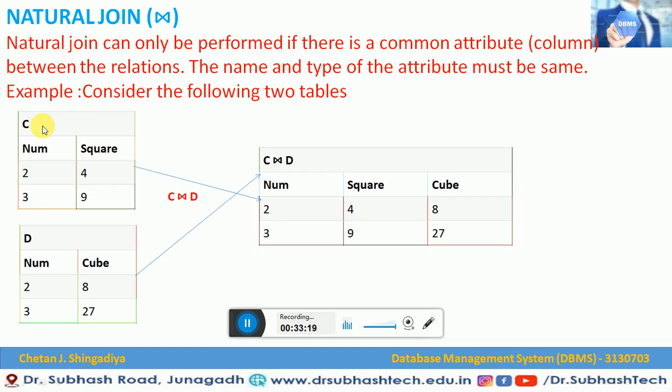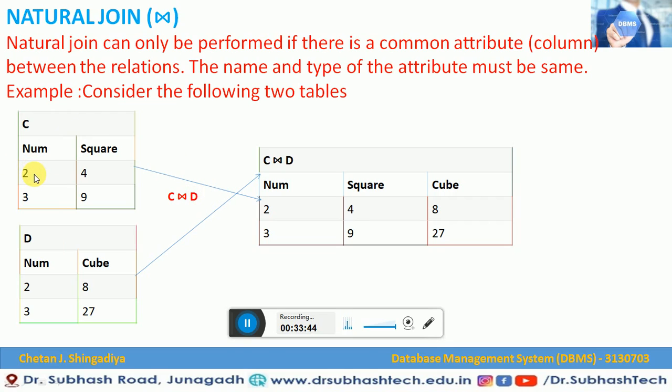There is a table or relation called C, and there is a table or relation called D, and in each table we have taken two columns: num and square here, and num and cube here. Now if I am doing the natural join, the notation will look like C natural join D. So how will it be executed? It will match the tuples.